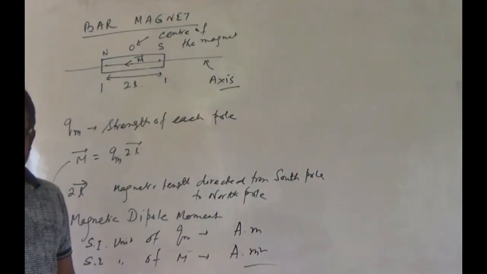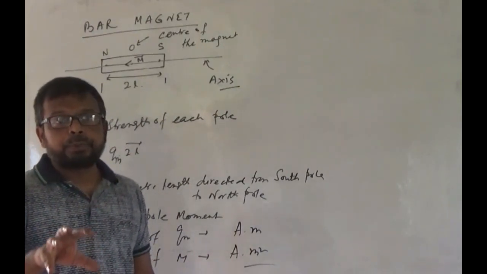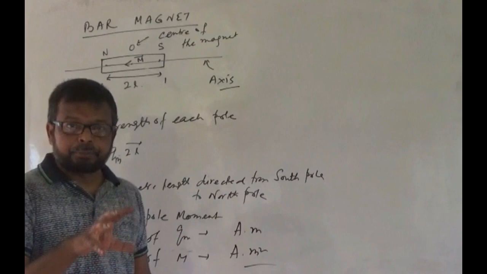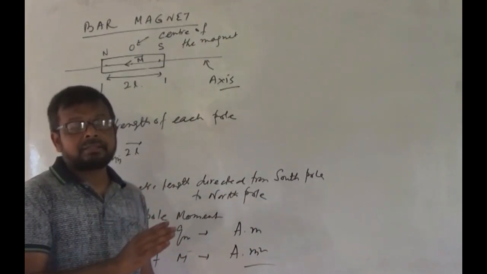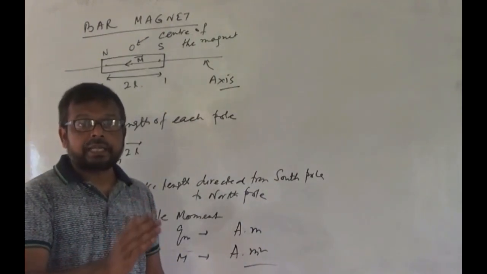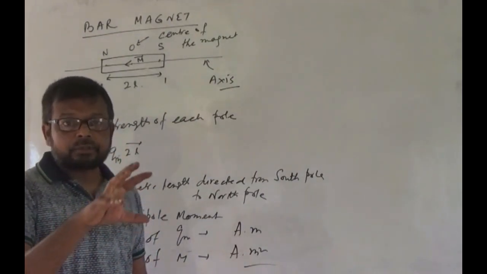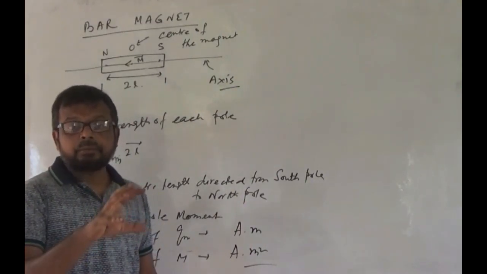When we discussed that a current carrying loop behaves like a magnetic dipole, we were told that the magnetic dipole moment equals I into A, that is, the current through the coil into the area of the loop.